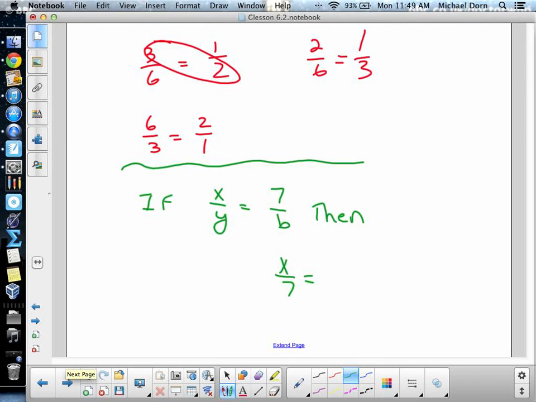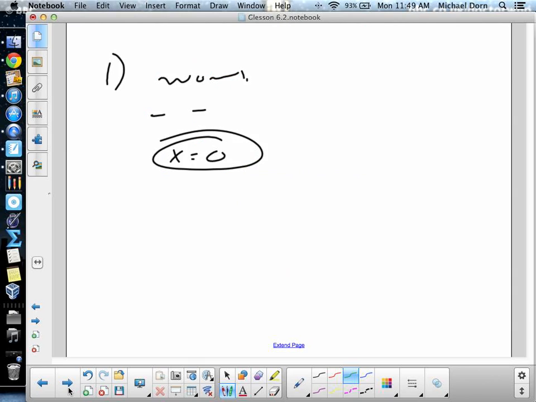Up top over here, we swap those two. So that would be y over b. Right? Or we could say then y over x equals, well, what I did, I flipped that one, so I better flip that one. b over 7. All right? So a lot of it's going to be manipulating and rewriting the proportions using their properties. That's a lot of what we're talking about.